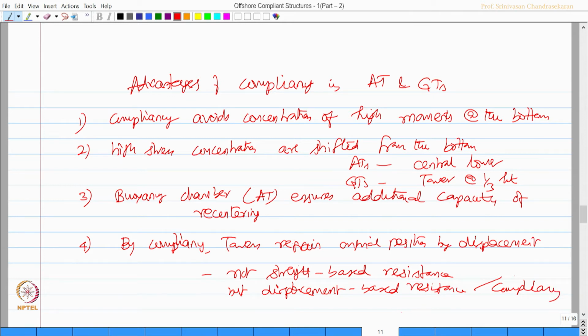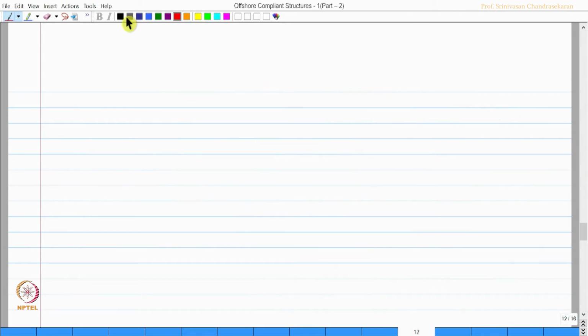In addition, compliancy causes change in dynamic water plane area.